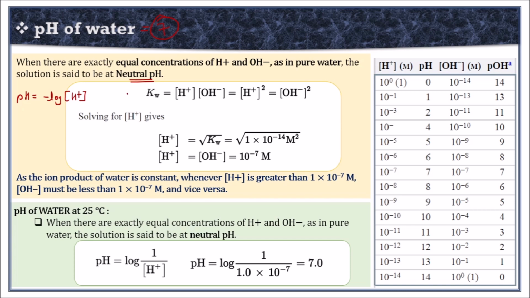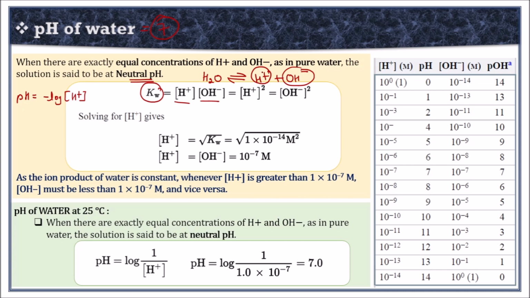For that we will take help of Kw, the ion product of water, and we determined its value in the previous slides. So Kw is the ion product of water, which is H plus and OH negative ion, and we know that water H2O, when it breaks, gives H plus and OH negative ions in equal proportion. Meaning if it gives 1 mole of H plus, then it will give 1 mole of OH negative ions.